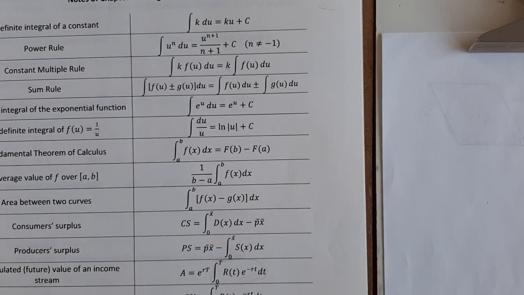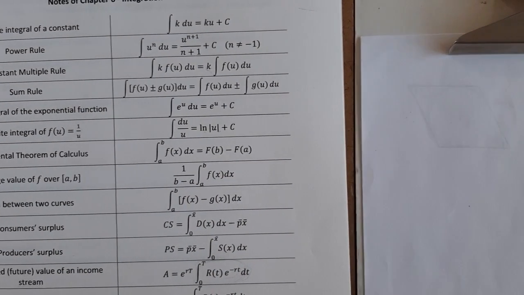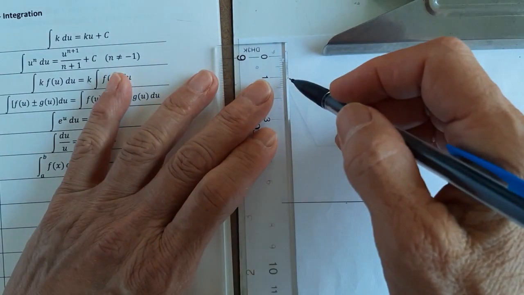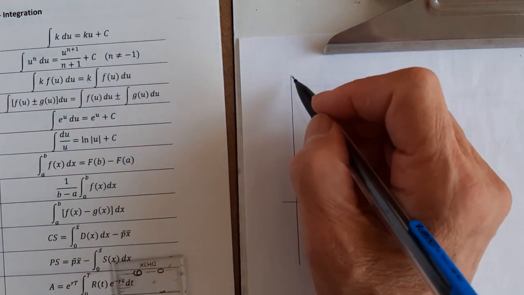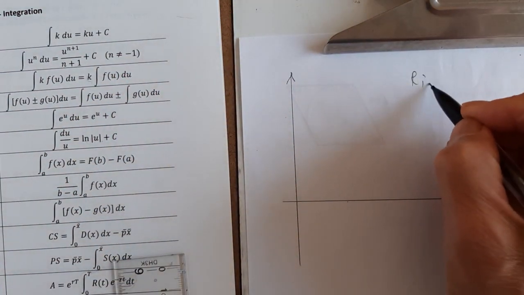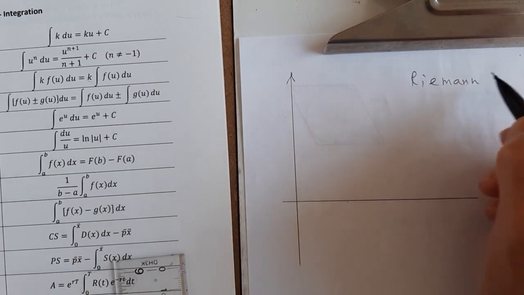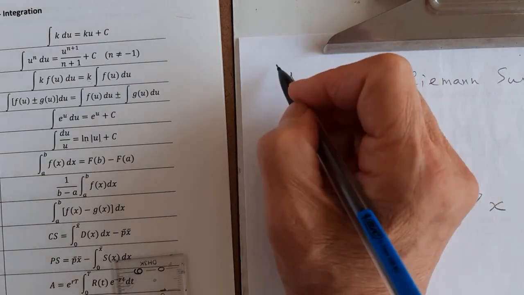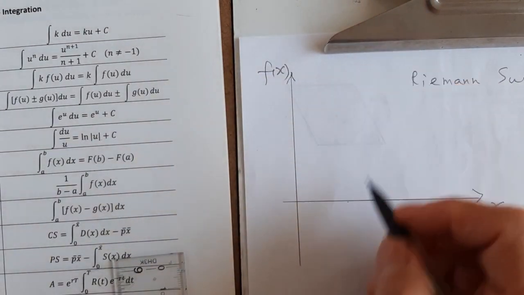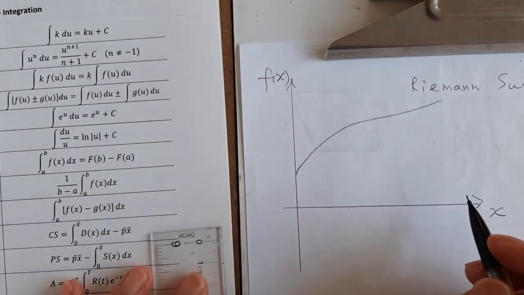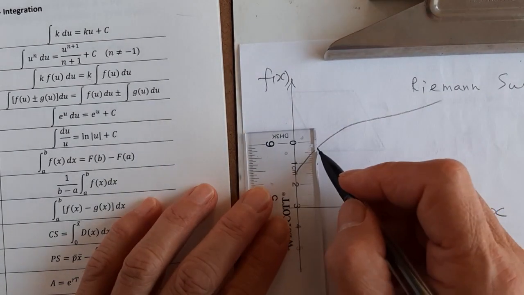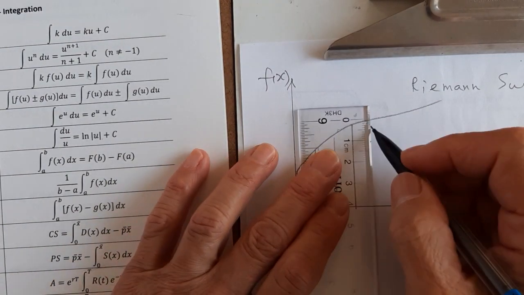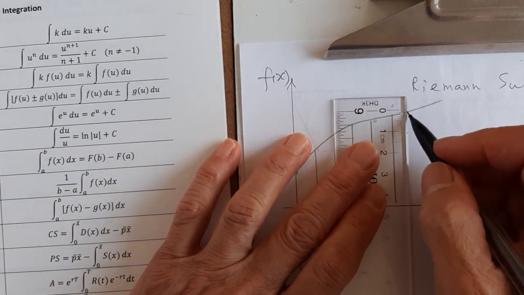The second concept for integration is the area under the curve. That uses the Riemann sum. Use this as a concept like this: if f of x is a curve like this, you partition it into equal parts, subintervals.